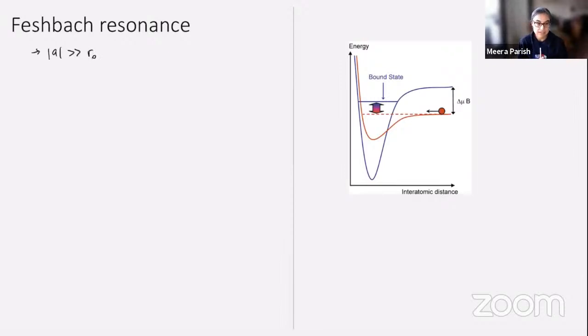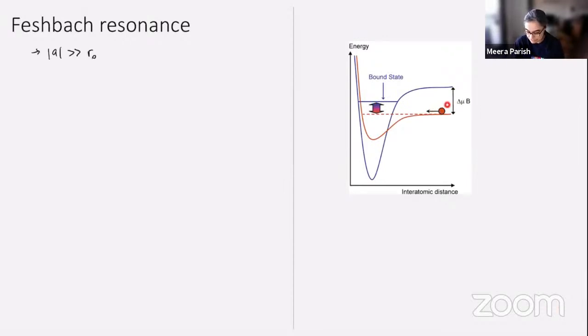I'm not going to go into too many details; as I was saying last time, you could spend a whole lecture just talking about the Feshbach resonance. But the basic idea is you want an internal degree of freedom that you can use to tune a bound state into resonance with your atoms that are scattering.